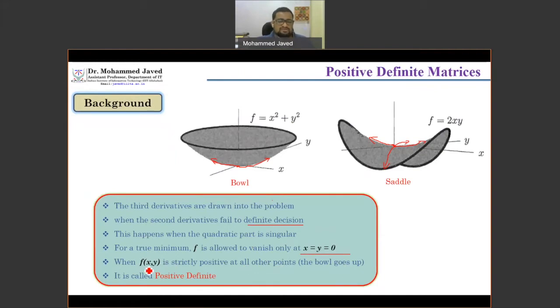In this graph, f of x comma y is strictly positive at all points, and in such a case you get a bowl that goes up, and it is called positive definite. So in this case, the matrix which is generated will be a positive definite matrix. We will see it in the coming slides.